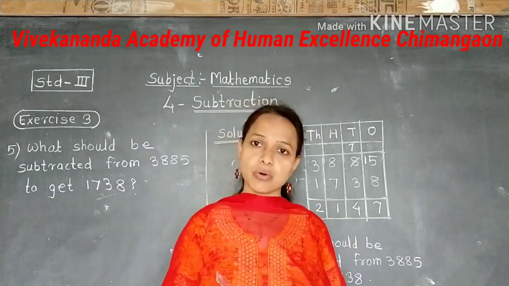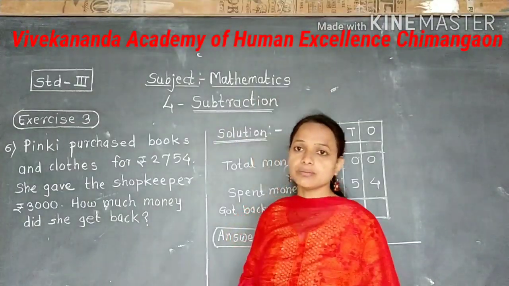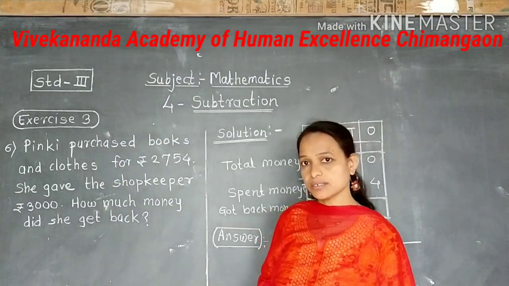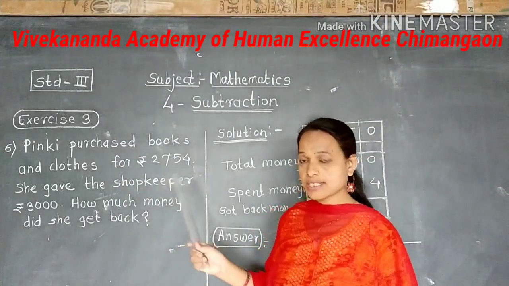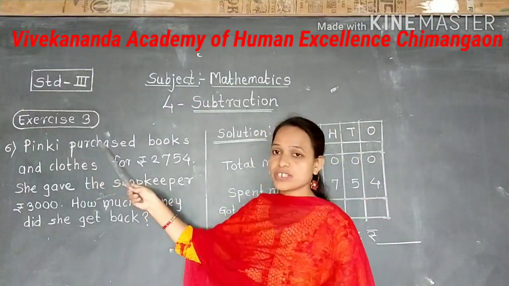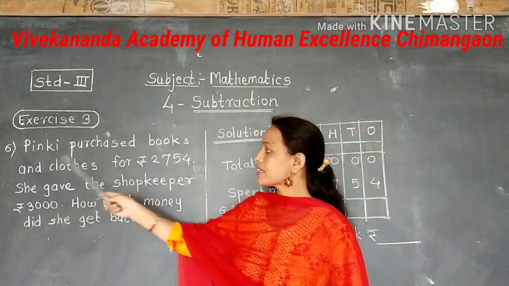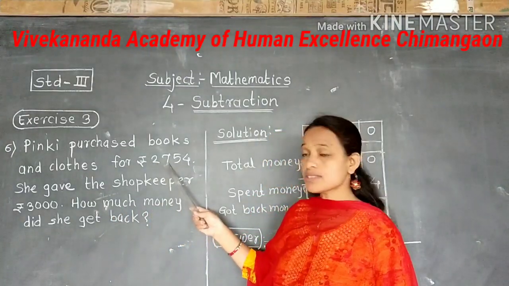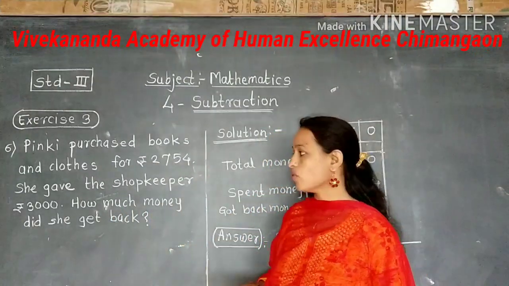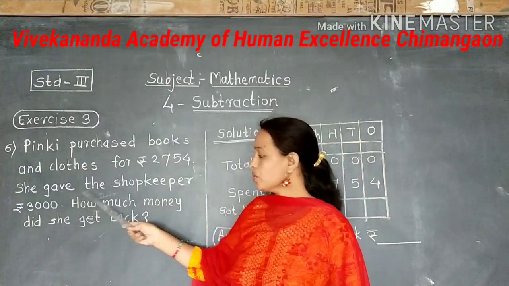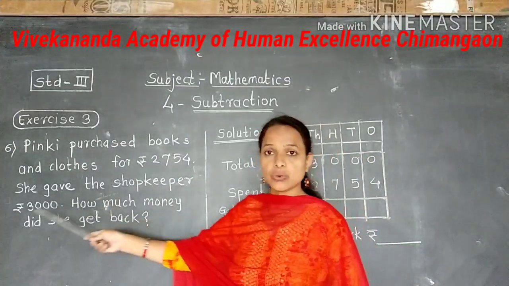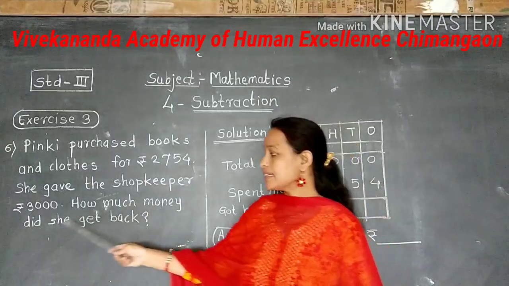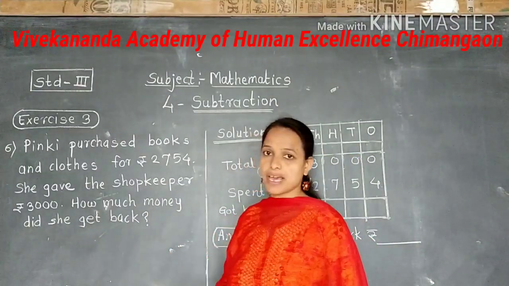Fifth word problem. Last word problem of exercise 3. First we read it carefully. So you listen. Pinky purchased books and clothes for rupees 2754. She gave the shopkeeper rupees 3000. How much money did she get back?